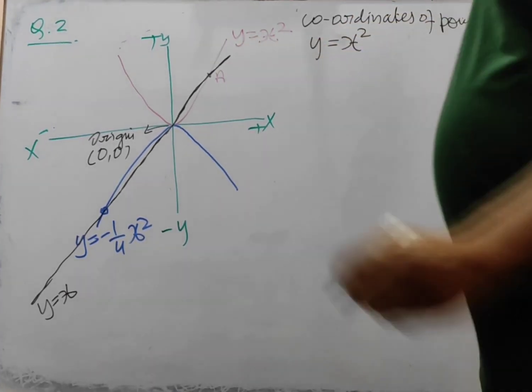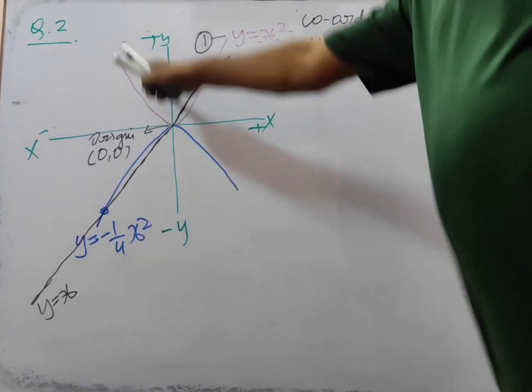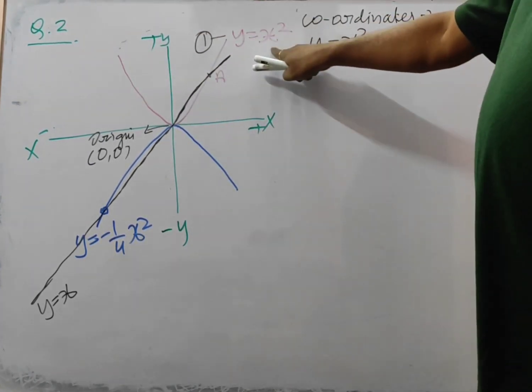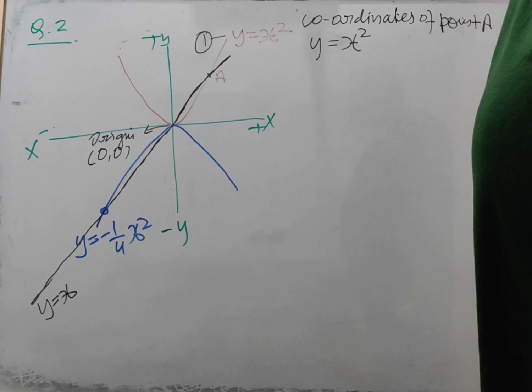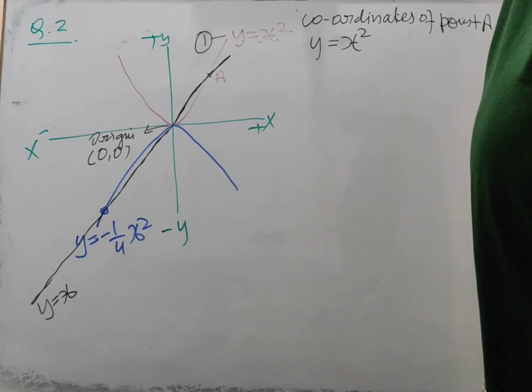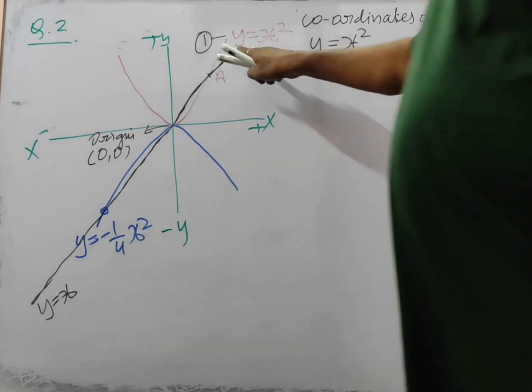It's given to us, this is equation number 1. This parabola has the equation y is equal to x square. Okay, got it?